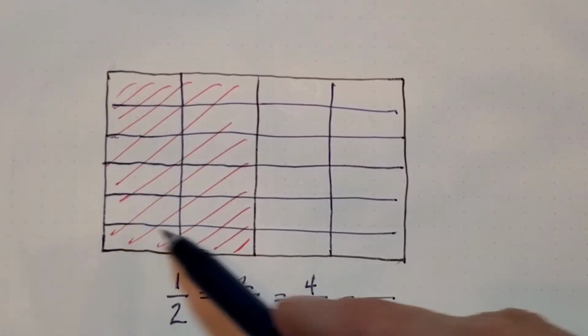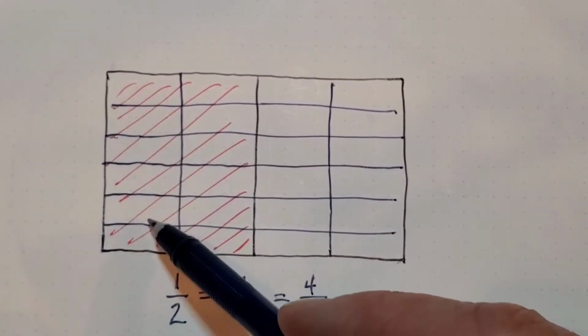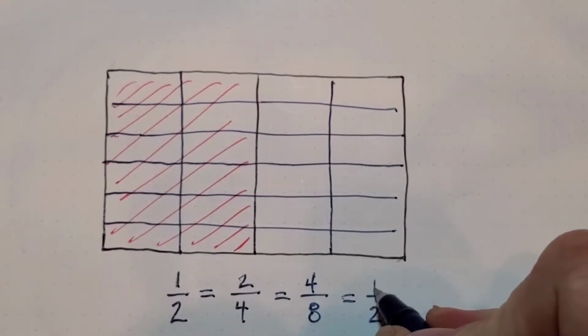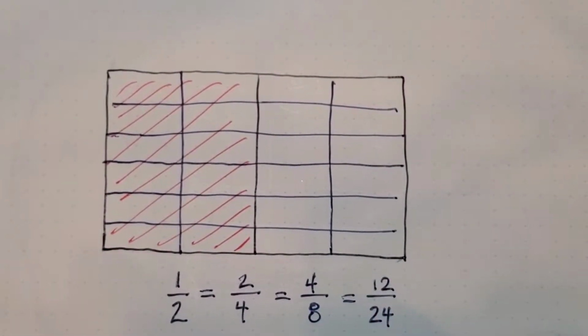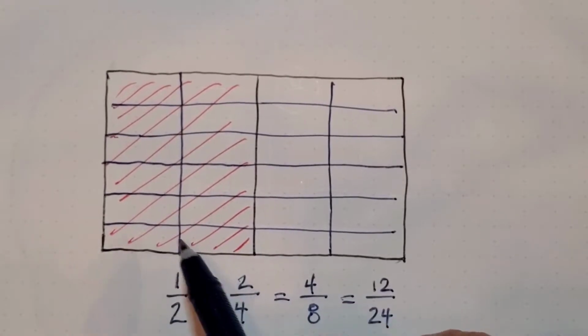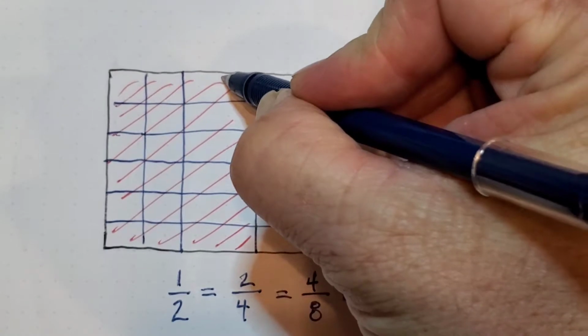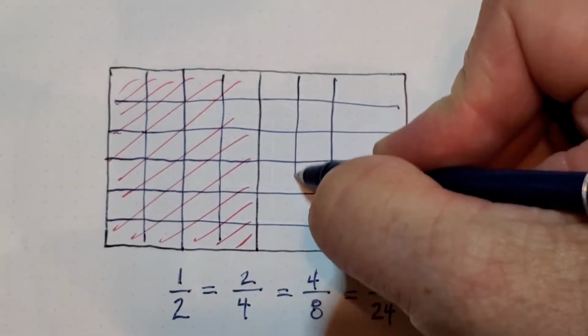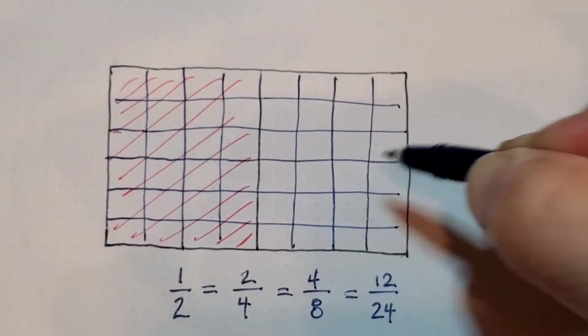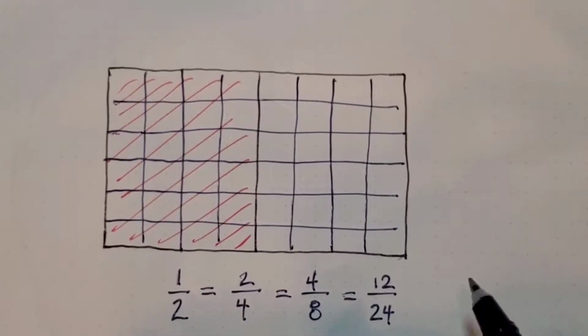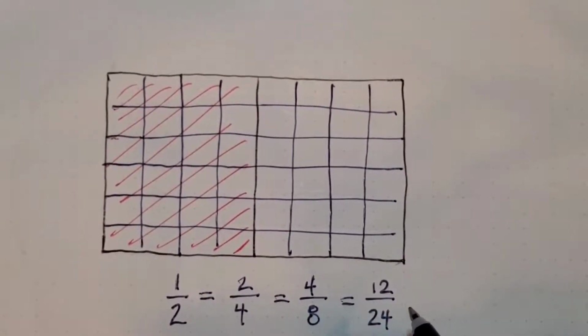And how many of them are shaded? Well, there's 6 here and 6 here. There are 12 of them that are shaded. So as long as I keep making partition cuts that continue to equally partition my whole, I maintain what are called equivalent fractions.